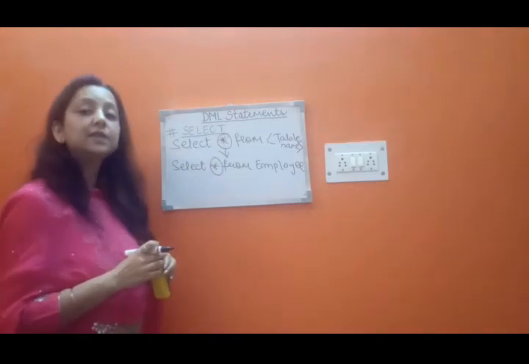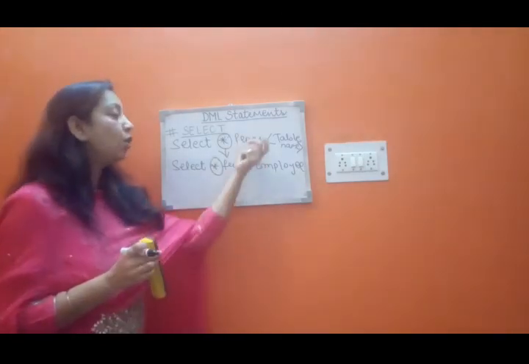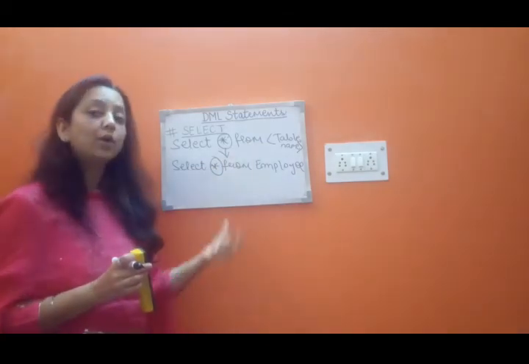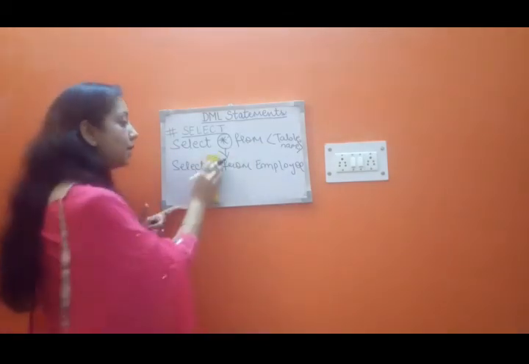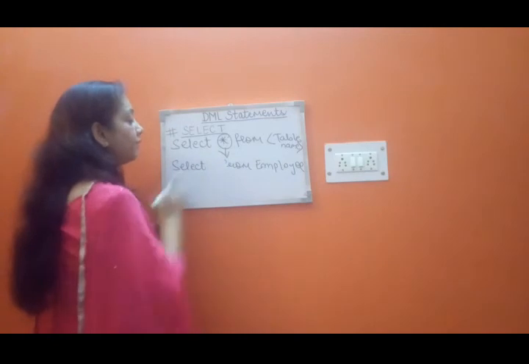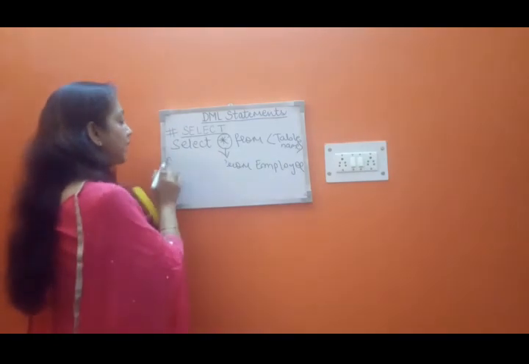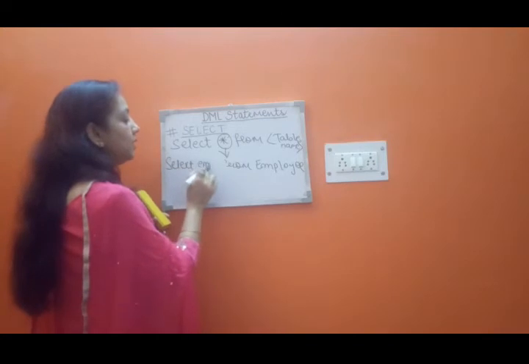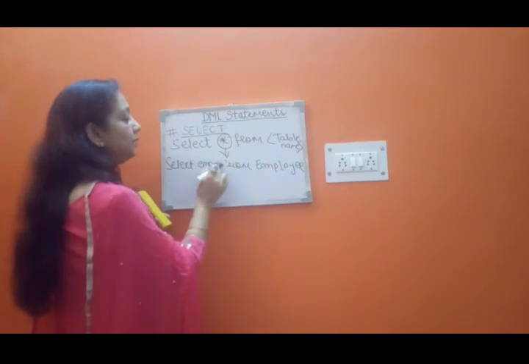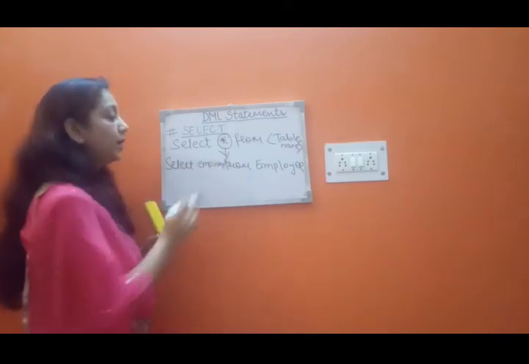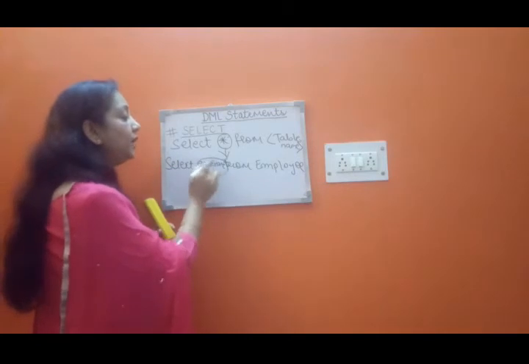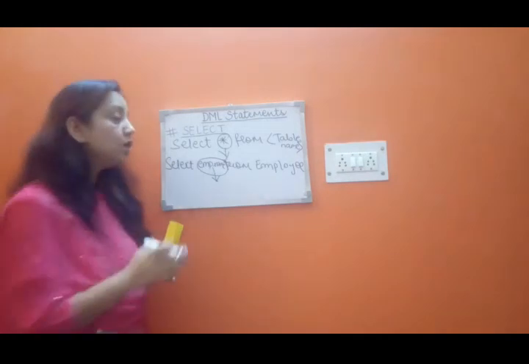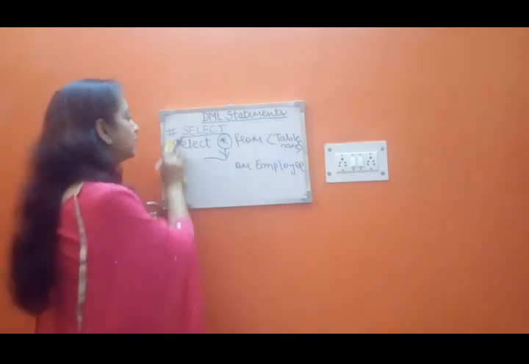When I say select star from employee, it will show me all the rows of the employee table, or in other words, all the records of the employee table. But if instead of star I write select employee name from employee, then it will give me only that particular column, the employee name, and no other column. So this is the select statement.